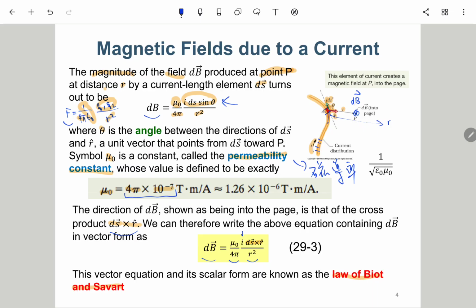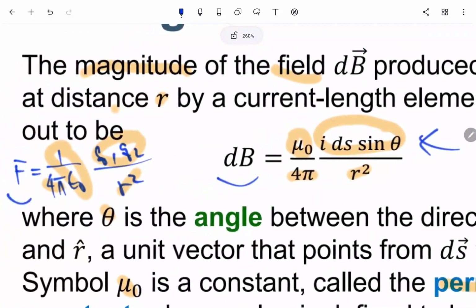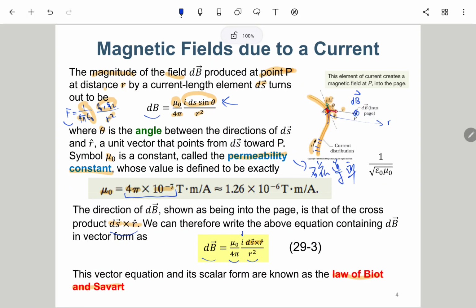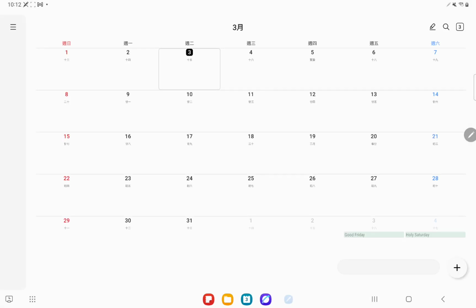But actually, we can see somehow the duality here. The cross product is like the charge product here. And one other duality is that for many equations in electrostatics, when you change to the version for magnetism, it is like changing epsilon naught to 1 over mu naught, or 1 over epsilon naught to mu naught.